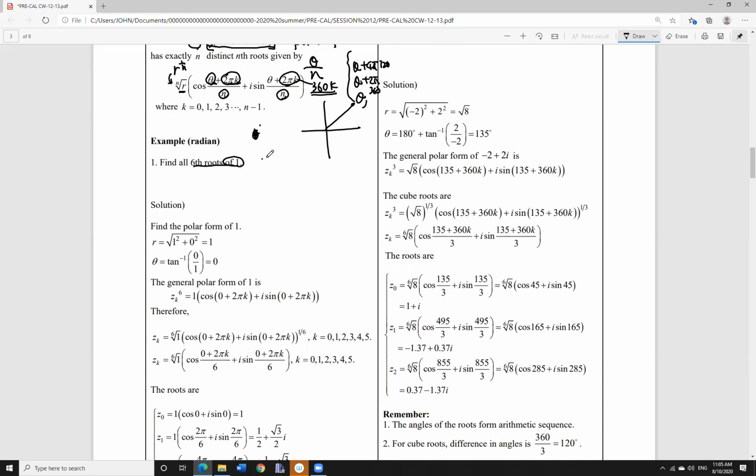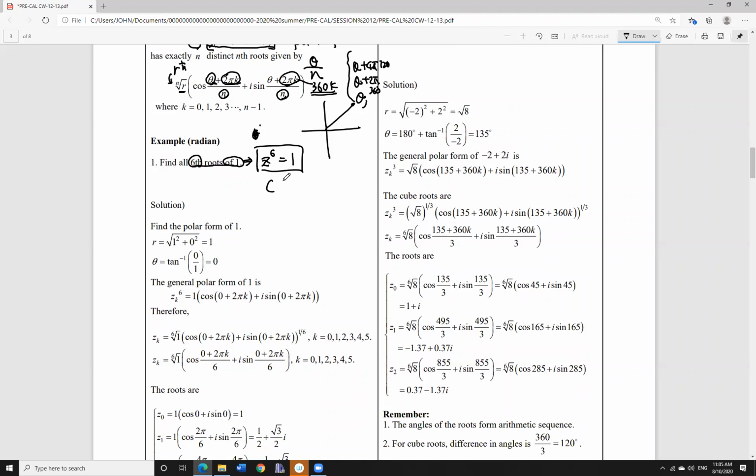The root is g. How many g we don't know. But when you take g to the 6th power, that equals 1. That indicates g to the 6th power is 1, because g has 6 roots.